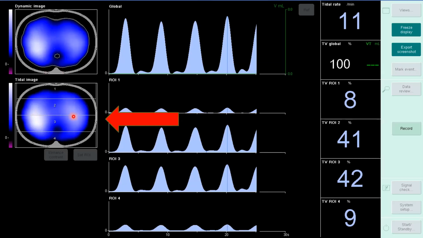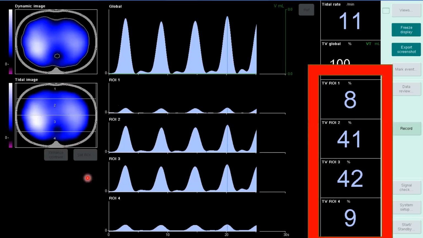Often we're going to use layers because what we really want to see here is the dorsal or the gravity-dependent regions. Over here are percentages. The normal for the ventral area is 8 to 15, and the dorsal is also 8 to 15, and the mid-dorsal and mid-ventral areas are 35 to 40.